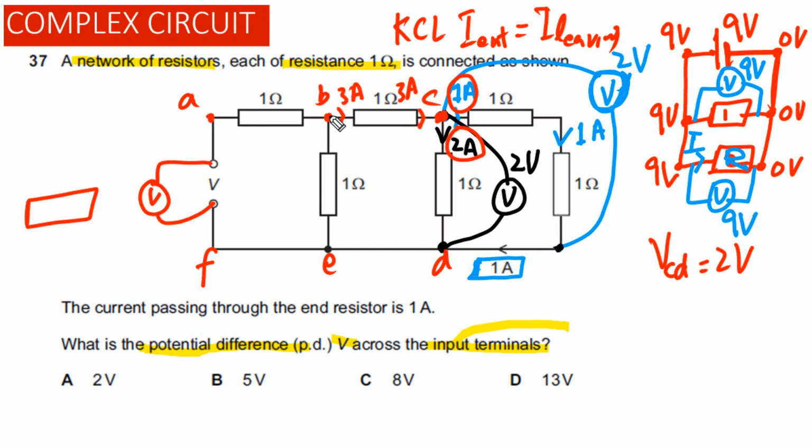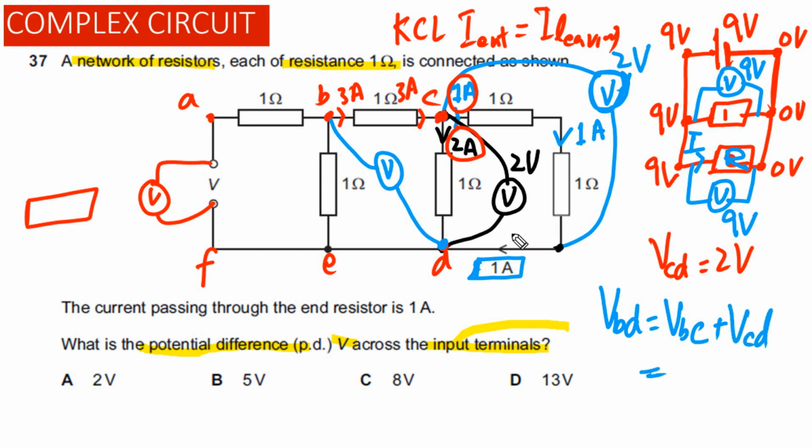Now if we attach a voltmeter at point B and at point D, what will be the reading on that voltmeter? Let's say we attach the voltmeter here, between these 2 points, between points B and D. So BD will be equal to the voltage across BC plus the voltage across CD.